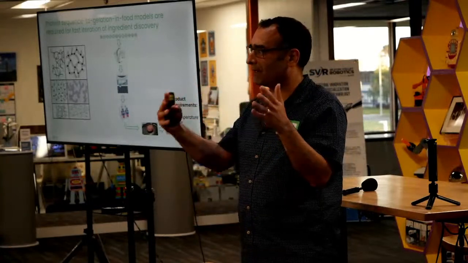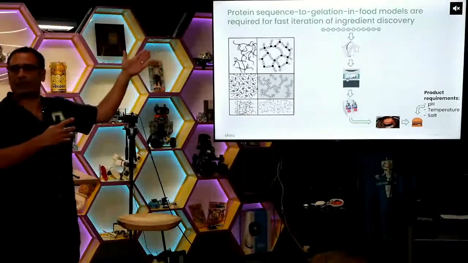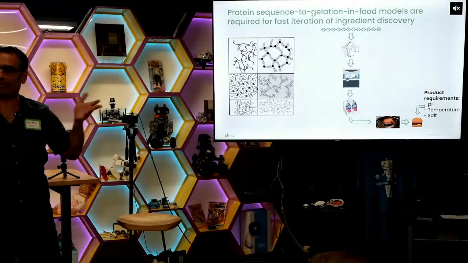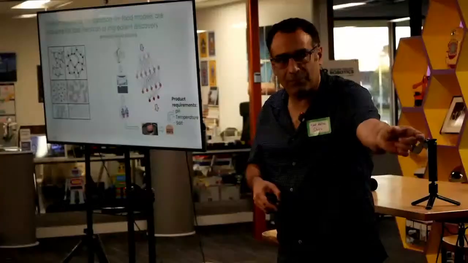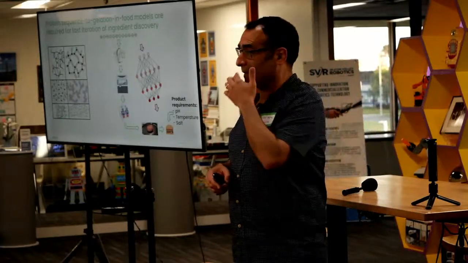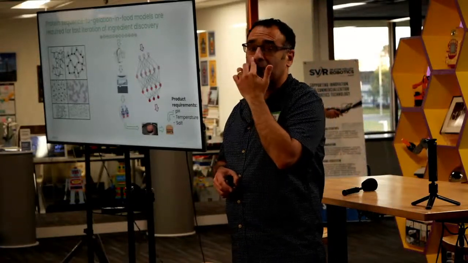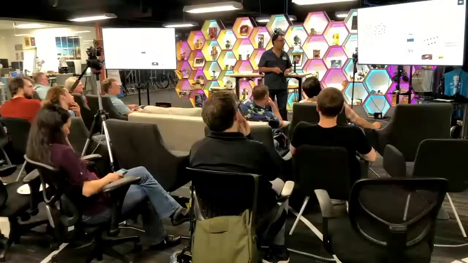So you have many things to predict here, and in order to find the right sequence, because you cannot screen billions of sequences, what we are developing is a way to, given a sequence, produce some score of this gene to actually function in food. And that's what we are doing at Flourish, and we have a few examples in which it actually works.